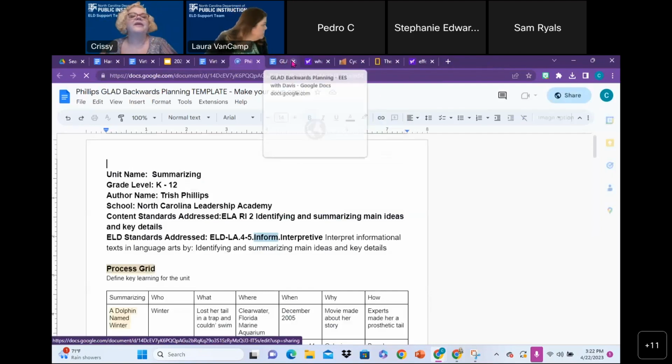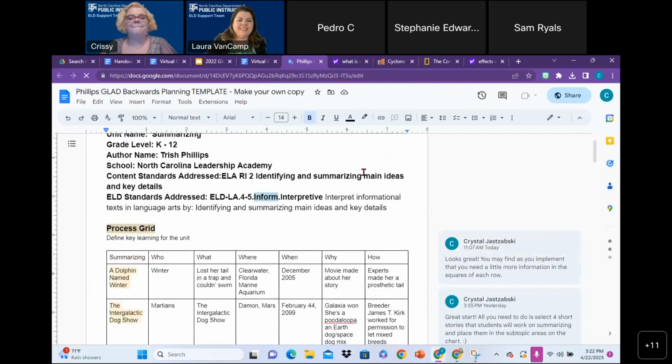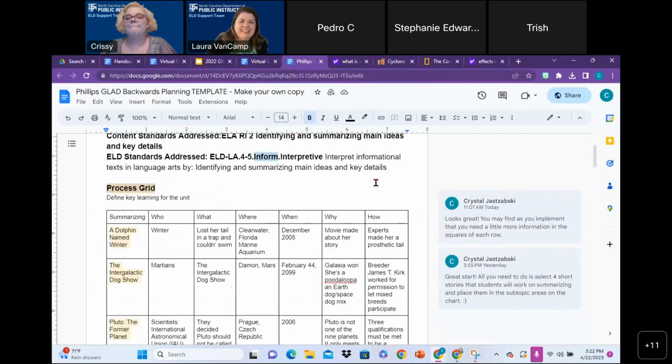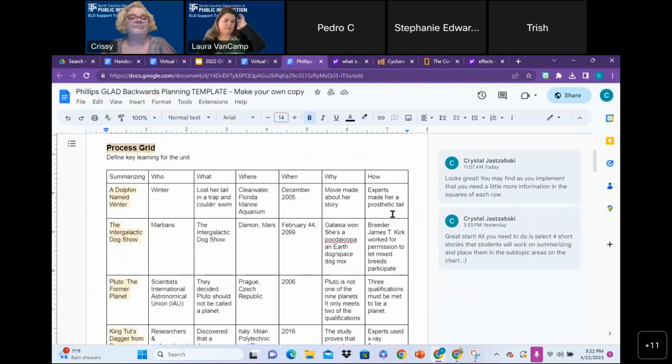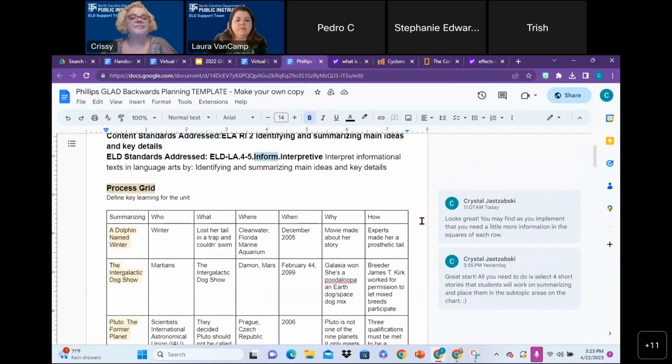Yeah, I struggled with this, but I am a pull-out ESL teacher, ML teacher. I work with students from kindergarten to grade 12, so it makes it a little more difficult.